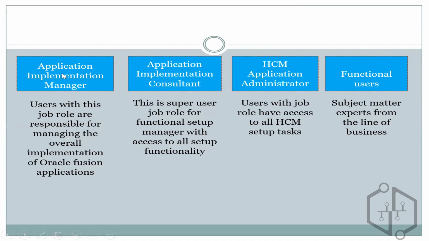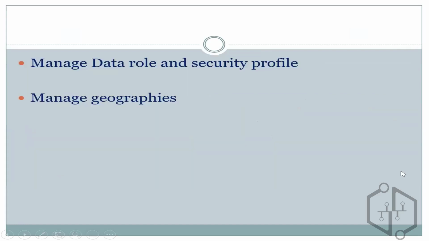Just remember, all these in blue are job roles. And you have to configure these: application implementation manager, application implementation consultant, product data steward, which is not written there, and IT security manager. You have to configure all these when you're working on the application.